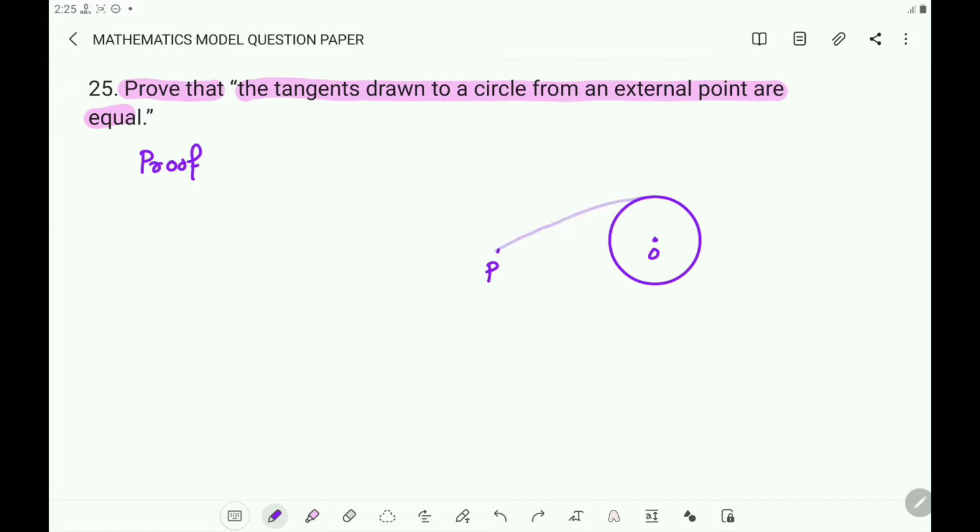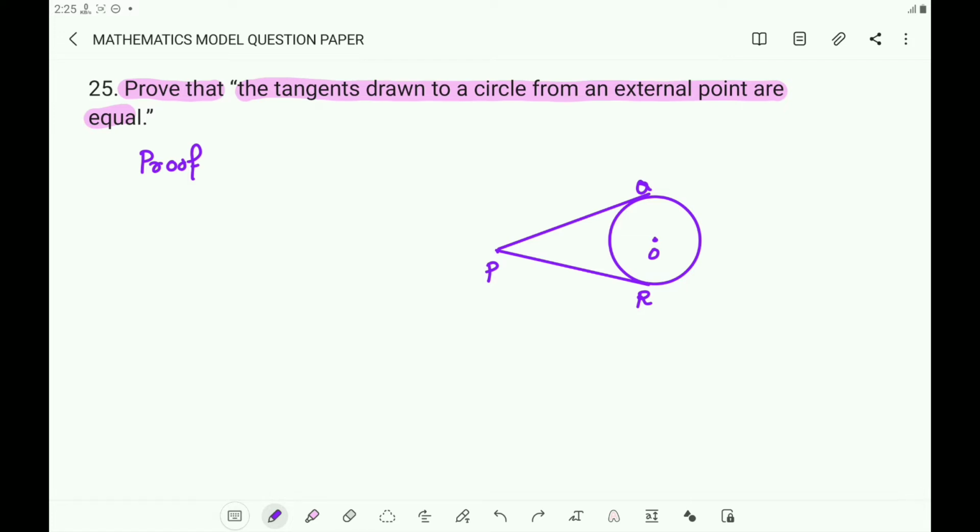Draw two tangents from P. You take PQ and PR as the tangents from the external point P. So you draw that. Here what is given?